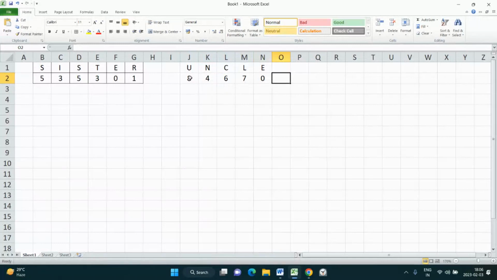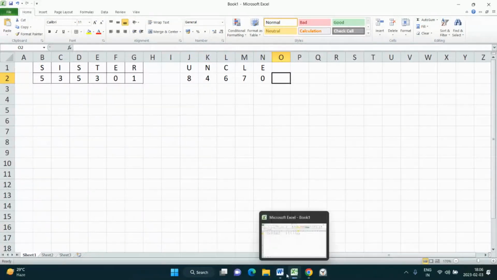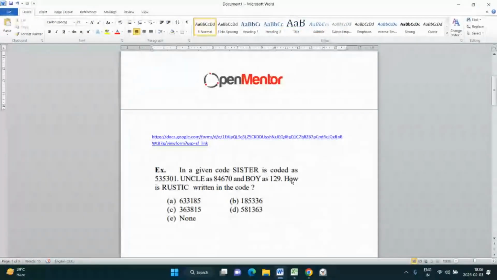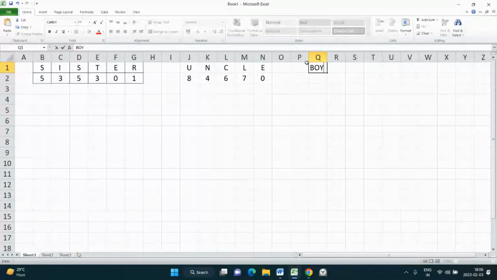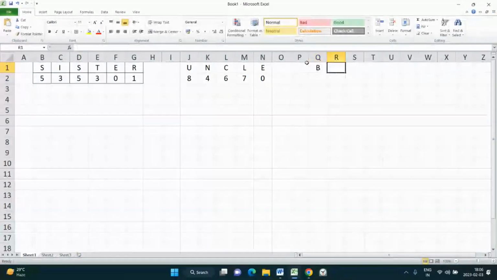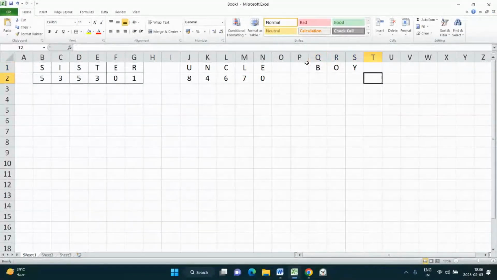They have also coded boy, B O Y, as 129.